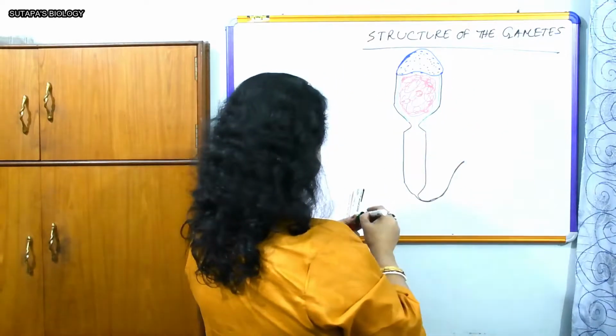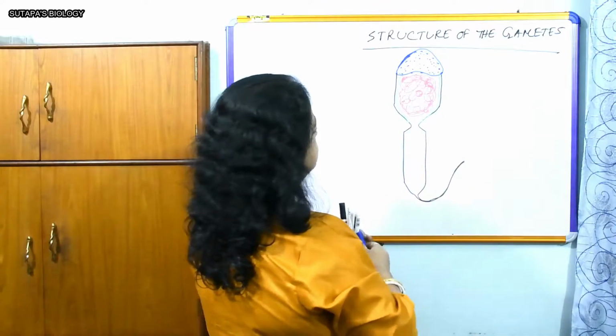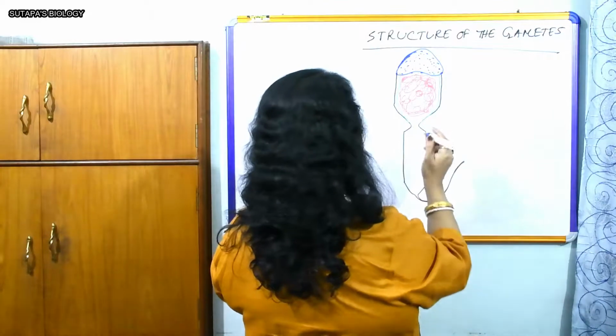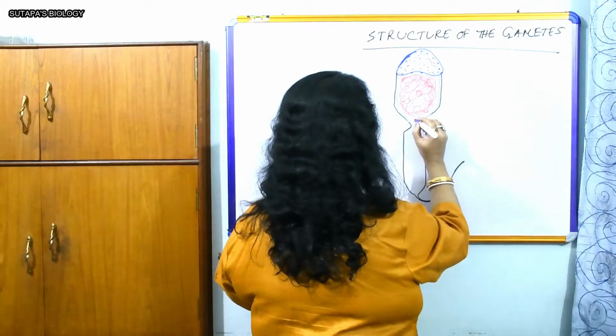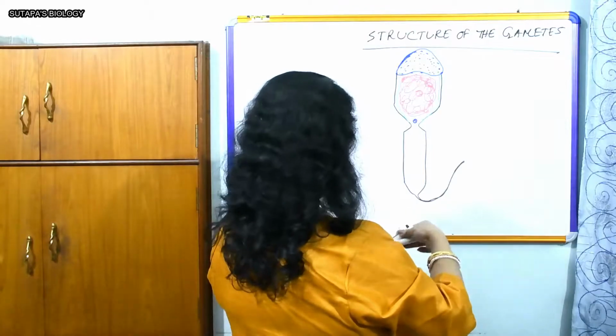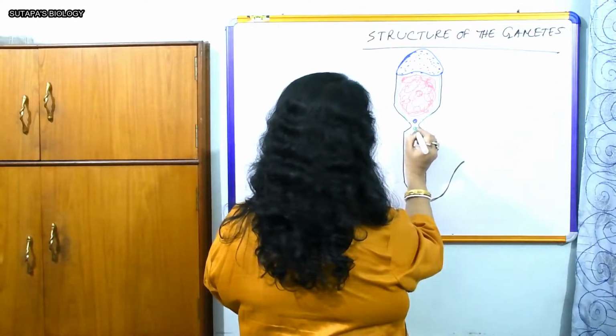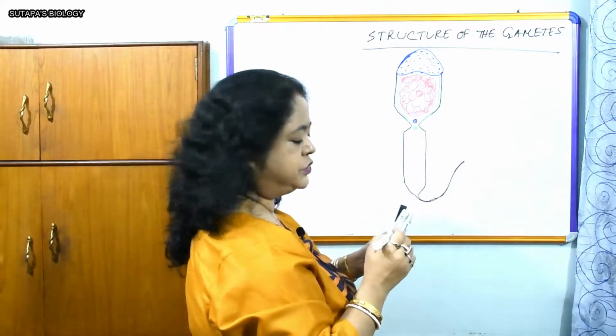This is the head. Next one is neck, and neck consists of two centrioles. One is proximal centriole and another is distal centriole. On the basis of the positions, they are divided into proximal and distal centriole.